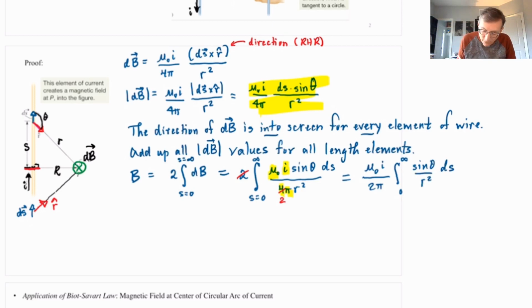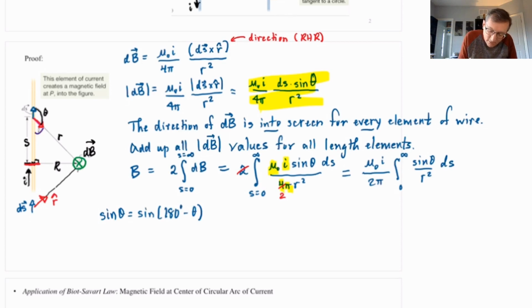All right, so if I'm going to look at that top picture there, sine theta is equal to sine of 180 minus theta. That's a basic trig identity. And 180 minus theta is this angle right there.